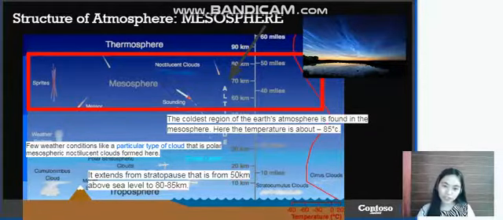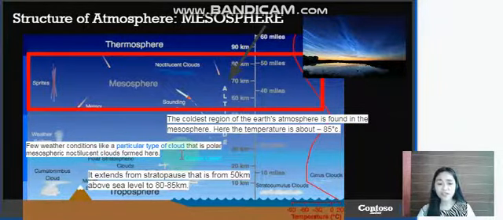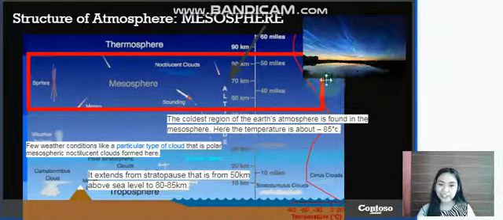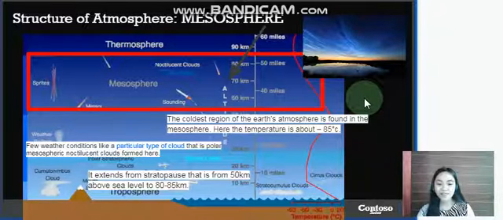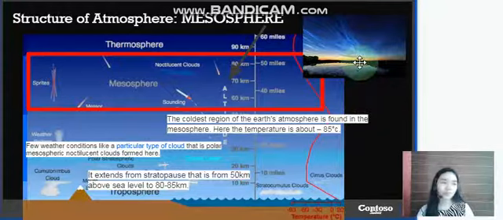Few weather conditions, like a particular type of cloud known as polar mesospheric noctilucent clouds, form here. Ito yung tinatawag natin na night shining clouds that sometimes form in the North and South Pole. So, kung makikita nila to, ibig sabihin, nag-form tong ating noctilucent clouds sa mesosphere.